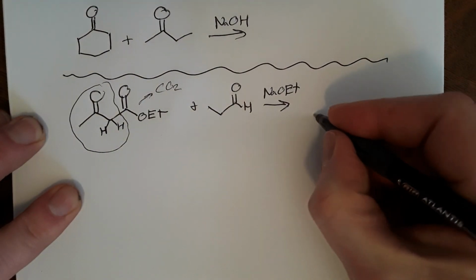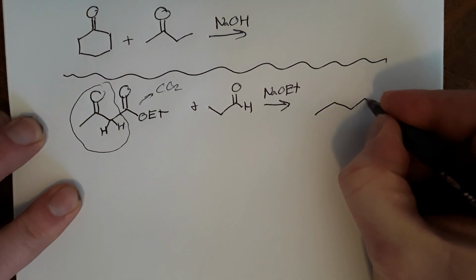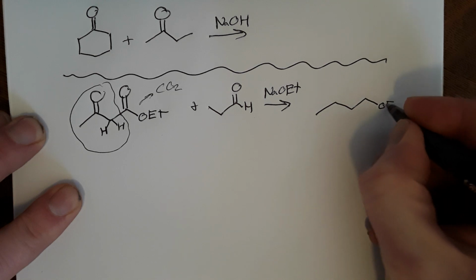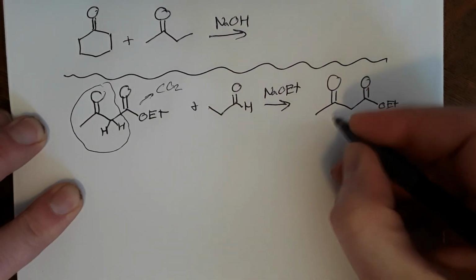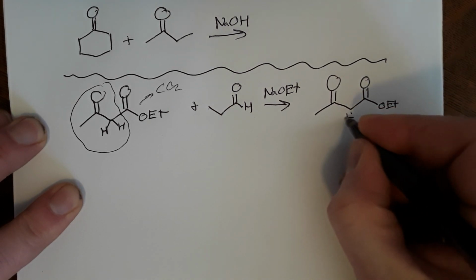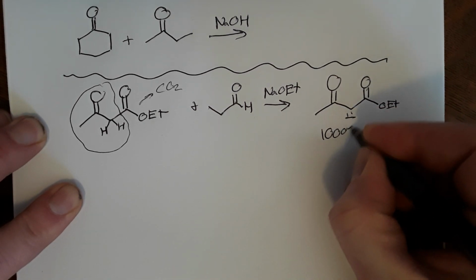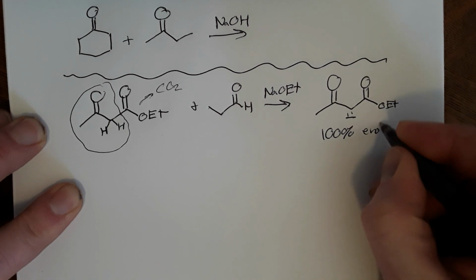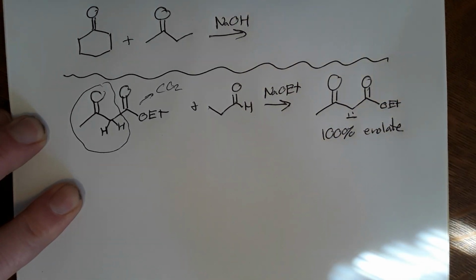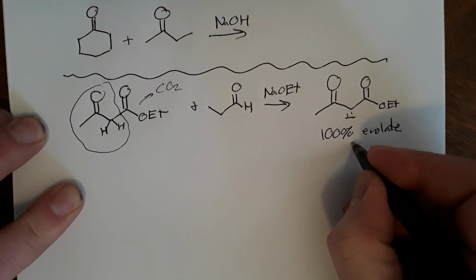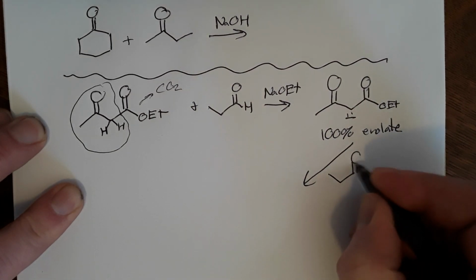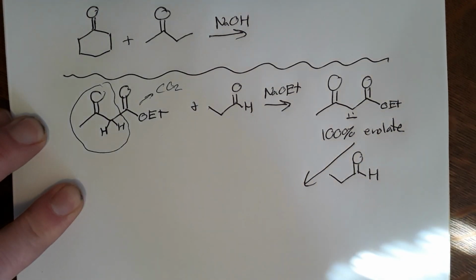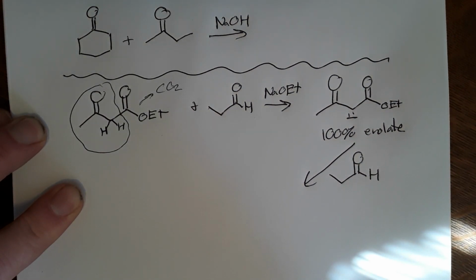So in step number 1, we have converted acetoacetic ester into its enolate, 100% into its enolate. And then in step number 2, it's going to react with the aldehyde that we want it to react with.